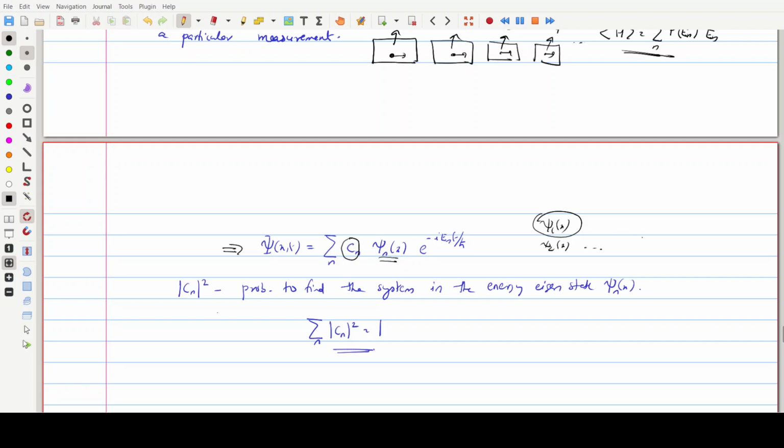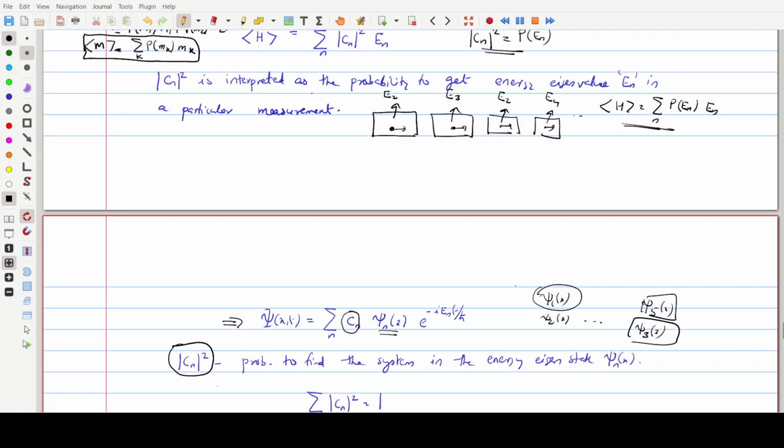It may collapse to the psi 1 state, or to the psi 5 state, or to the psi 3 state, etc. Now, what is the probability to collapse to one of the states? It is given by mod Cn square, the probability to find the system in that energy state.